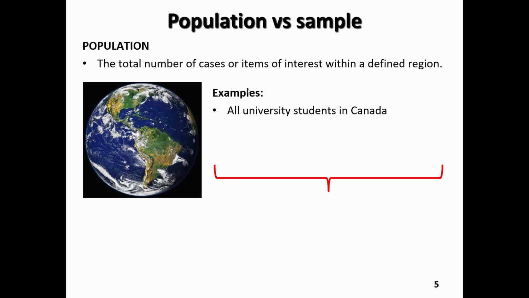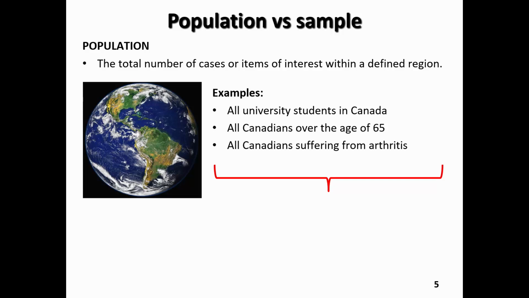Now, a population can be more specific. Some examples include all university students in Canada. We may be interested in all Canadians over the age of 65, or we may narrow our population of interest with a research study and just zero in on all Canadians suffering from arthritis.